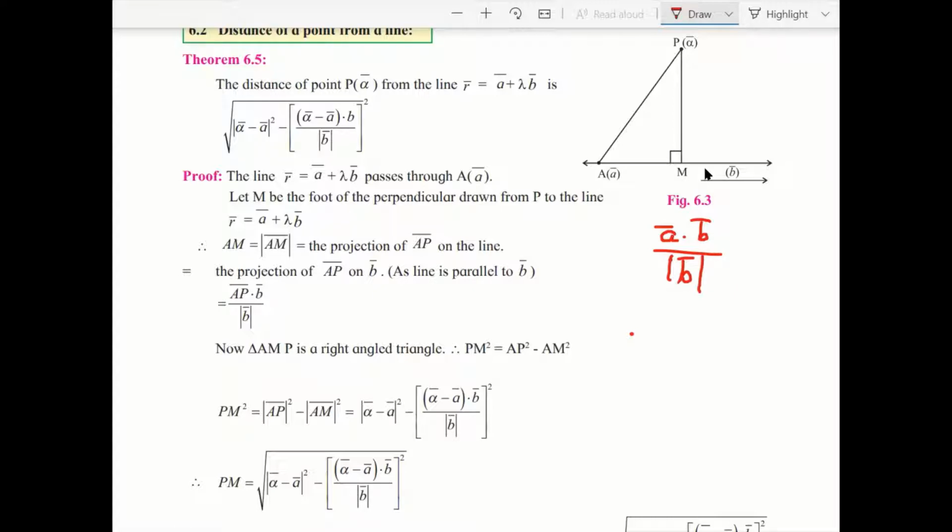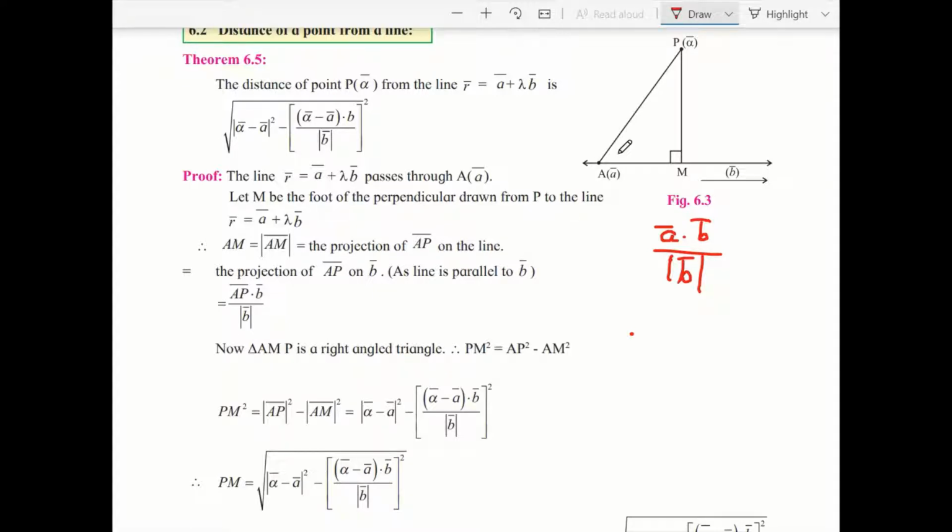So in the same way, the projection of AP onto the vector b bar, that is length AM, is equal to AP · b upon |b|, as you can see in the formula here.